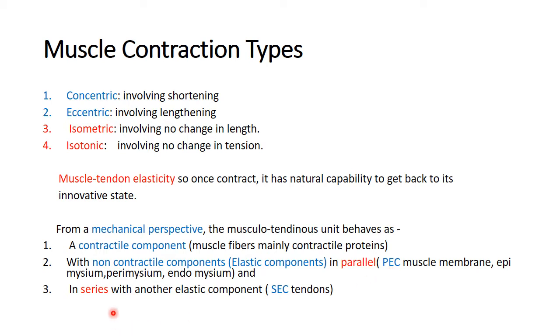Another elastic component is present in series. You can presume the belly of the muscle and then the attachment of the tendon. In series, there is another elastic component that is known as the series elastic component, present in the tendon.